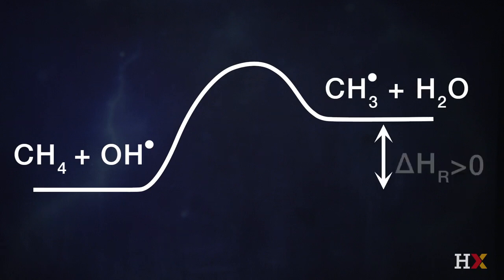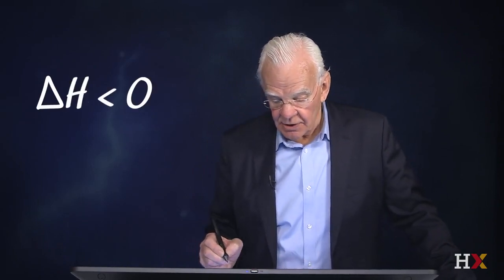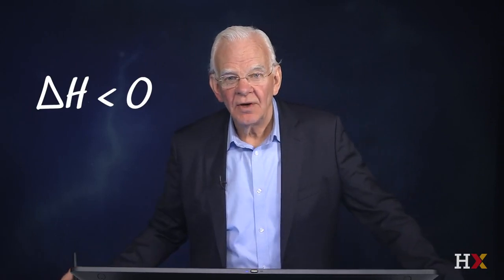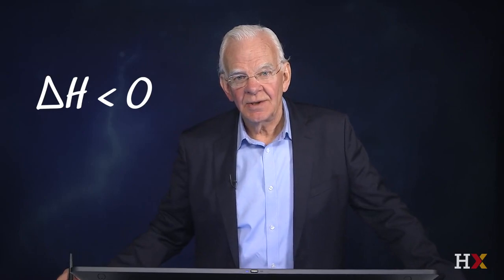That is to say, delta H would be greater than 0 because heat has to flow into that system in order to initiate that reaction. Well, it turns out that when we do this calculation, delta H is indeed less than 0, so that reaction gives off energy. But we don't know that until we've calculated the enthalpy. So let's do that.